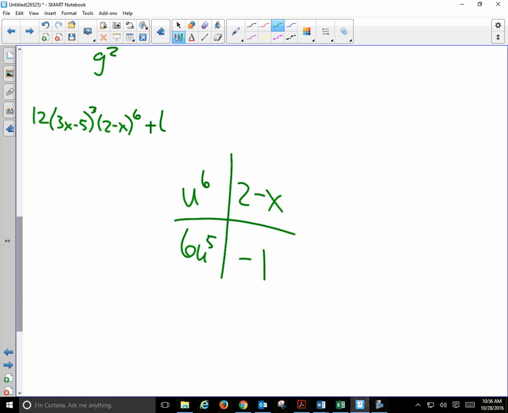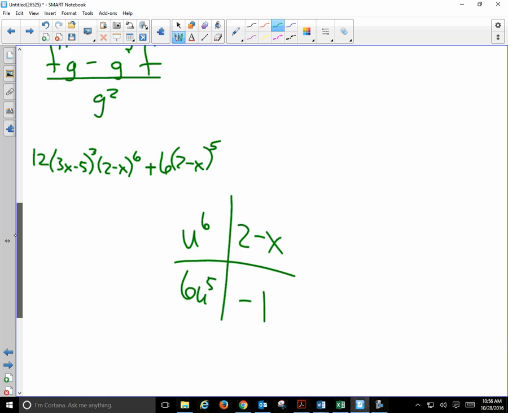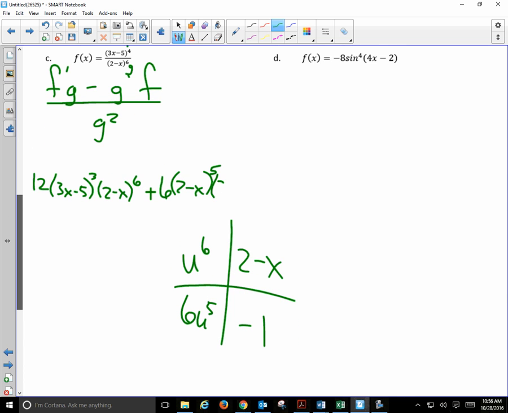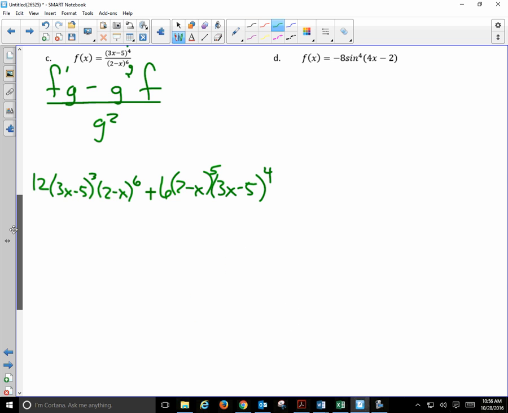So I'm going to write plus 6 times u, which is 2 minus x to the 5th power, times 3x minus 5 to the 4th power. All over. How do I square the bottom? Very good. So that's what we have, okay?